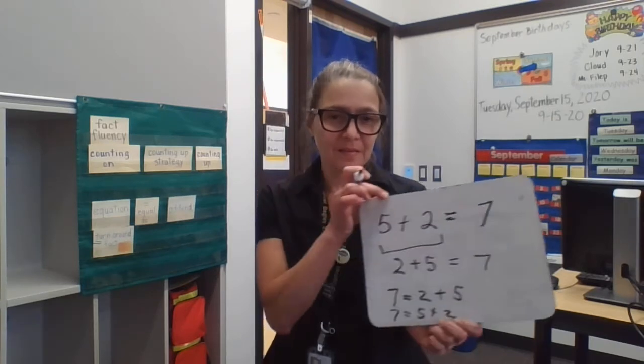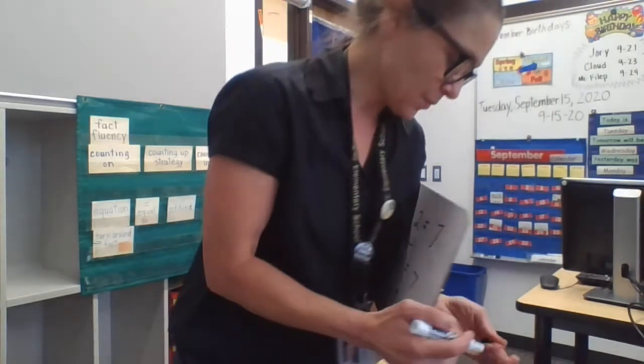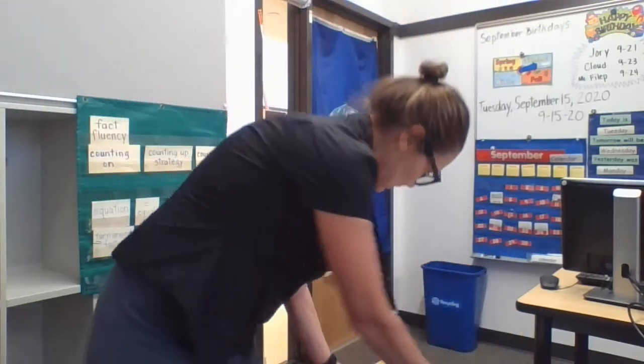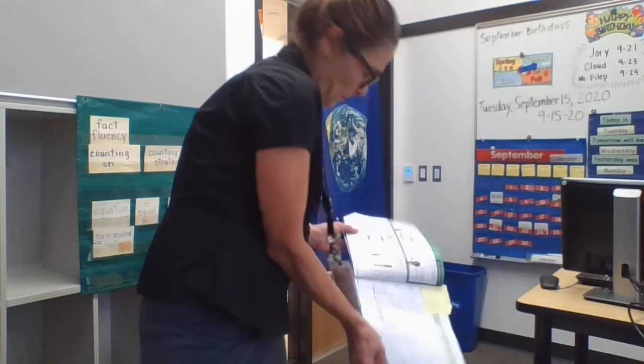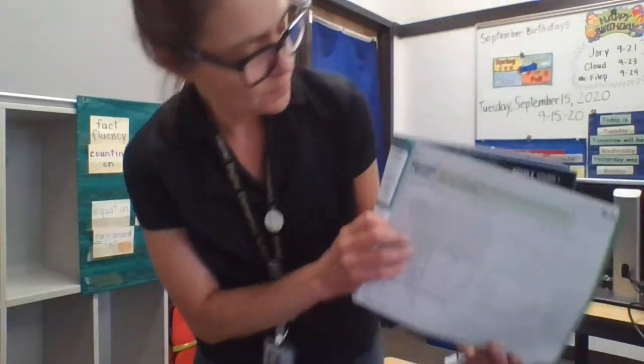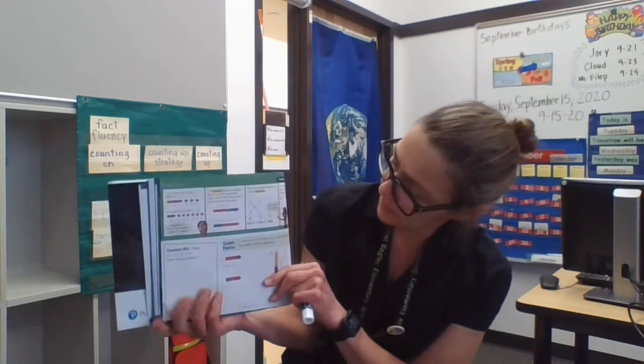Okay, so we are going to go ahead and do some practicing on pages 6 and 7, where they're asking you to do a guided practice. And we're going to do that together.